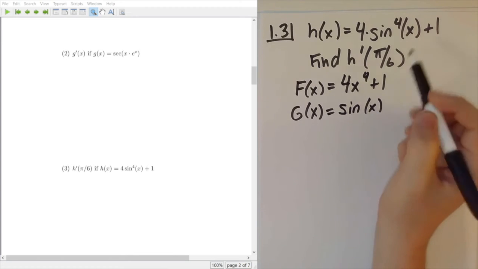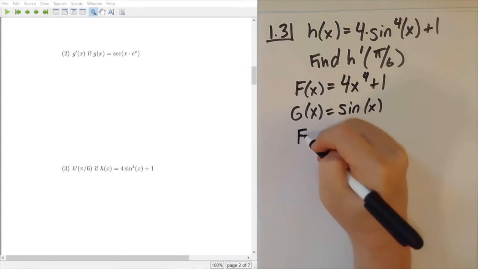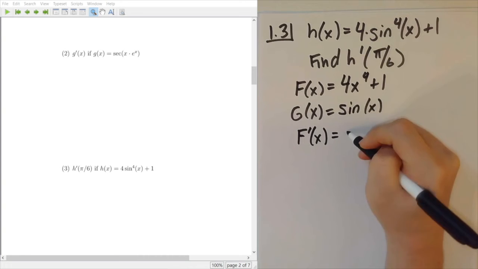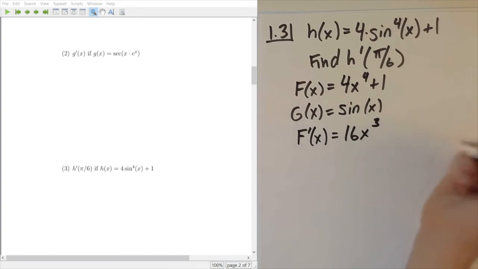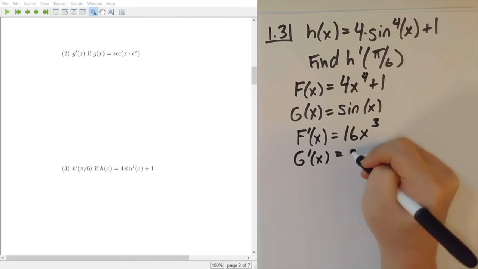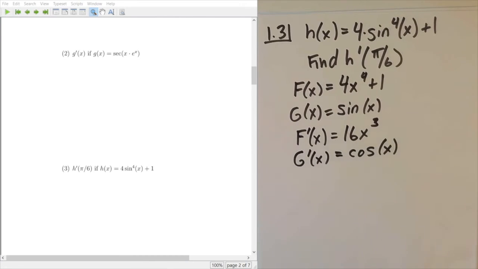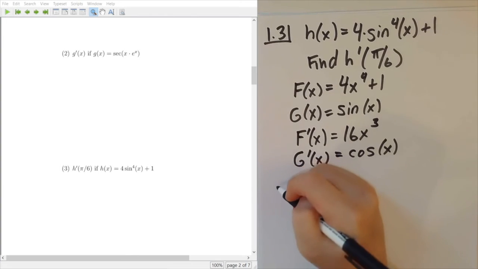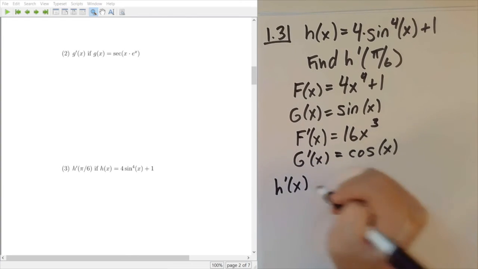And what that means is that f prime of x is just 16x cubed, and g prime of x is cosine of x. Again, all we have to do is apply the chain rule at this point.